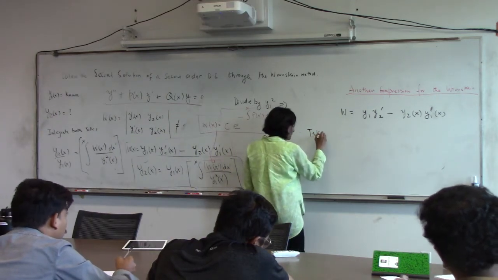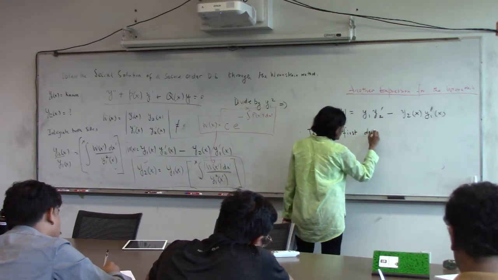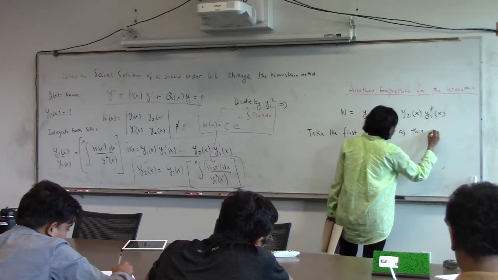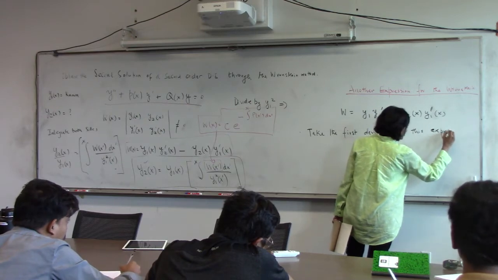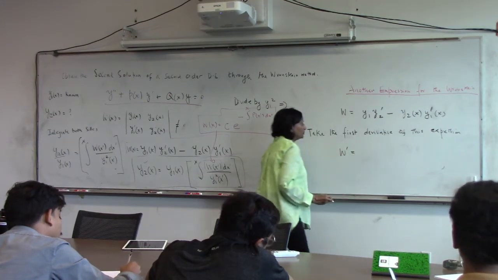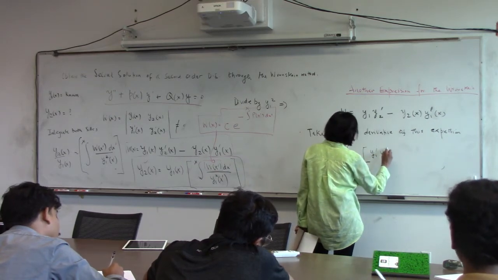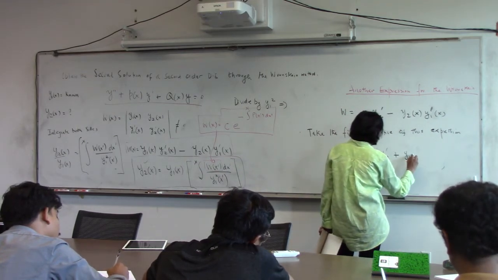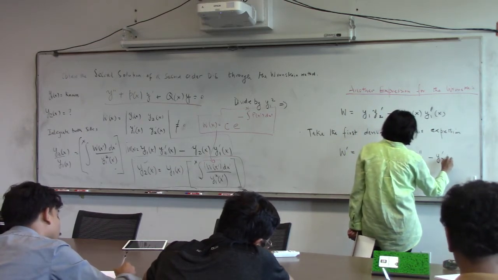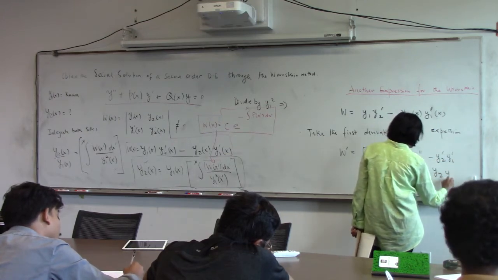Take the first derivative with respect to x, so I'm just going to write W prime. That is y1 prime y2 prime plus y1 y2 double prime minus y2 prime y1 prime minus y2 y1 double prime.